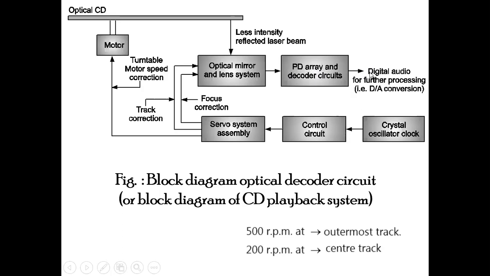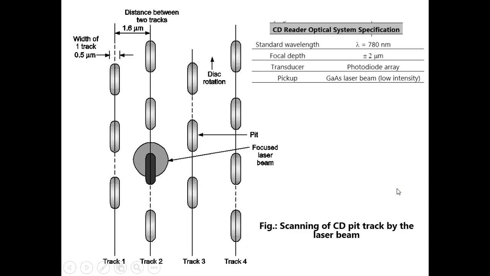And this converted electrical signal is digital in nature, so it has to be converted into analog. So D2A conversion is done, pre-amplification is done, power amplification is done, and it is given to the loudspeaker, where this 20 Hz to 20 kilohertz audio electrical signal is converted into sound output with the help of loudspeaker.